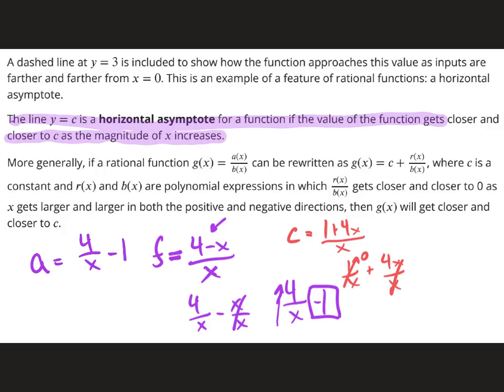This is your horizontal asymptote. Or 1 over x plus 4, which was H. C and H went together. Your whole number that's left over after you separate the fraction is your horizontal asymptote. This is how you find a horizontal asymptote.